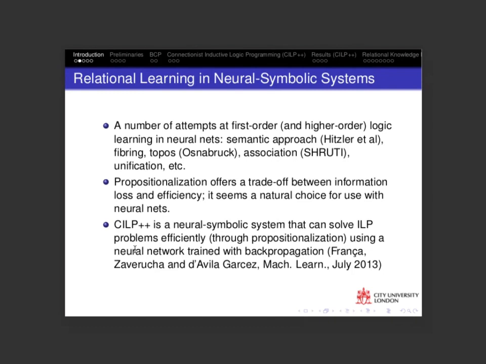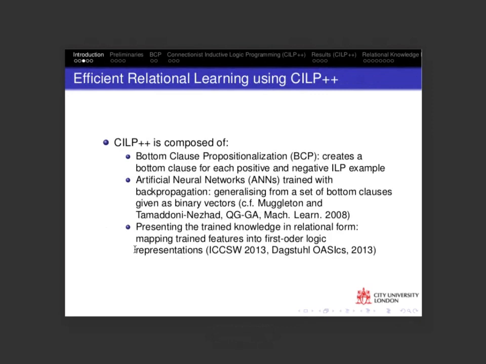And when we picked this up, we had to take a more practical approach. And by that, what we mean is that we took a propositionalization approach. So you could try and perform inductive logic programming at the level of first-order hypothesis search, but it seems to me that when it comes to trying and doing it in a neural net, the most natural choice would be to take a propositionalization approach.